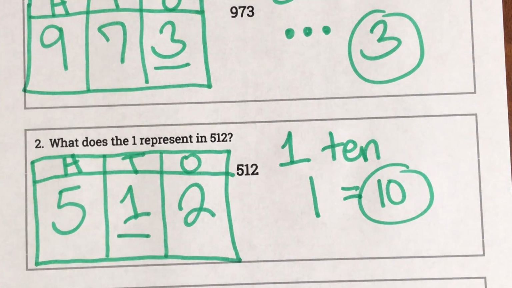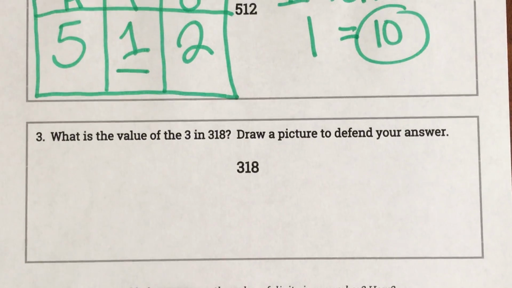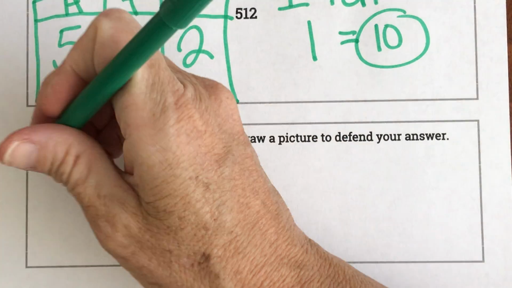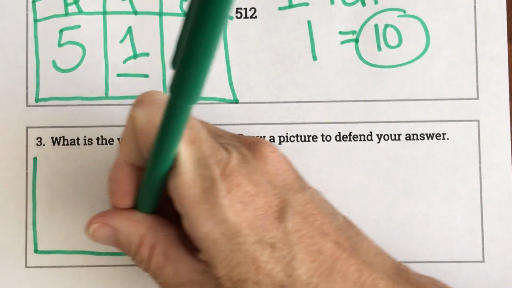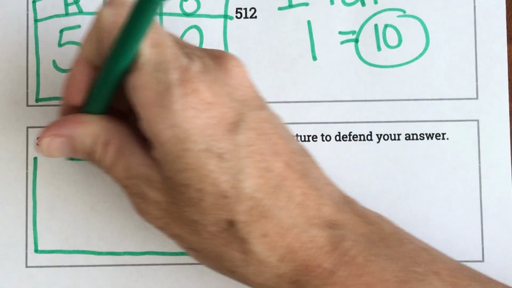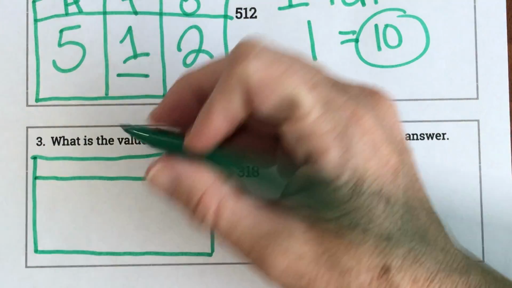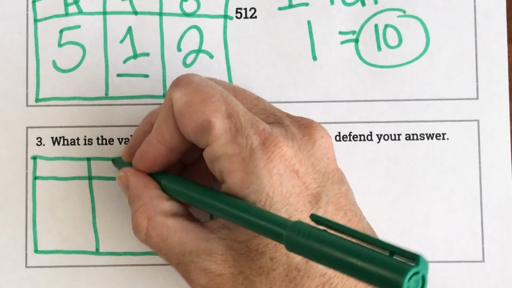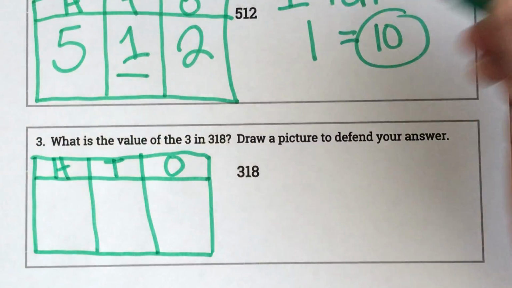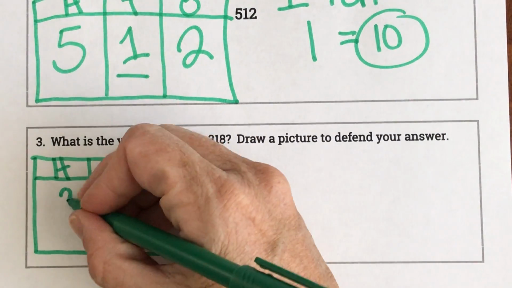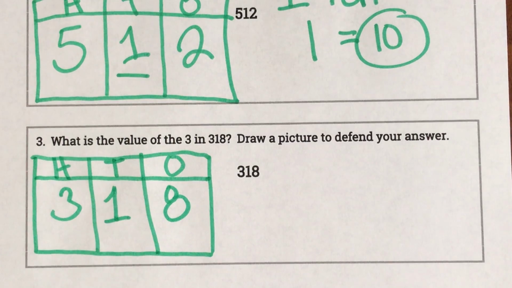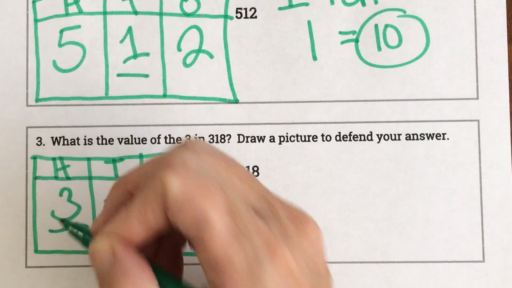Okay, let's look at our last one together. It says, what is the value of the 3 in 318? Draw a picture to defend your answer. Okay, so our place value chart is a rectangle with a horizontal line and 2 vertical lines, ones, tens, hundreds, and our number is 318, and they're asking us about the digit 3.